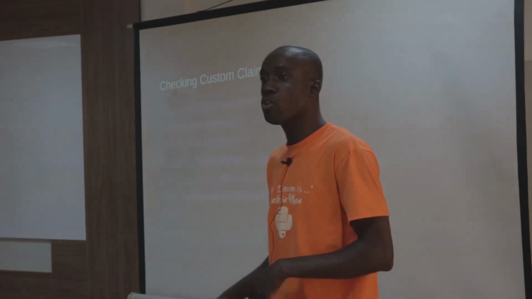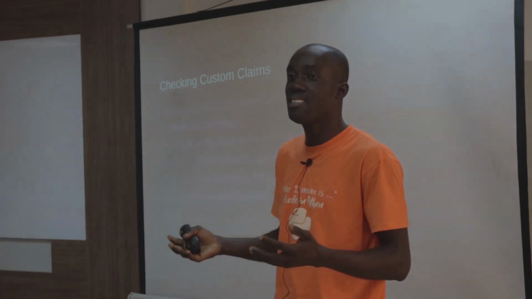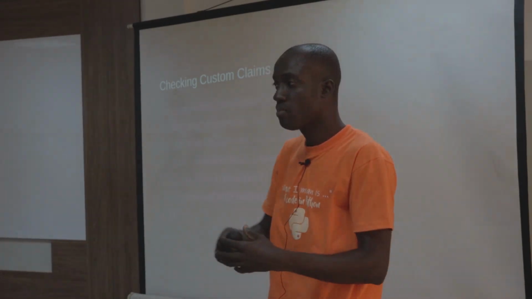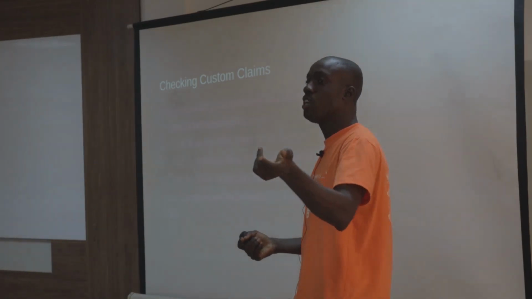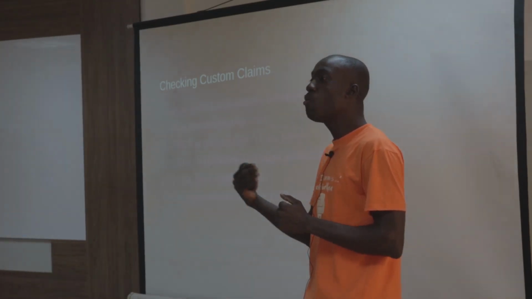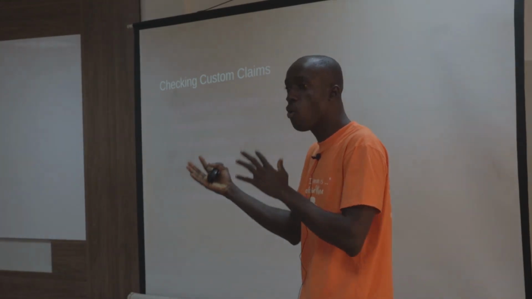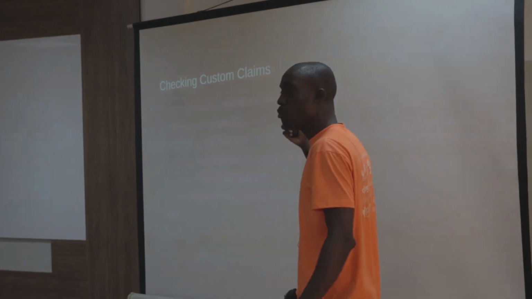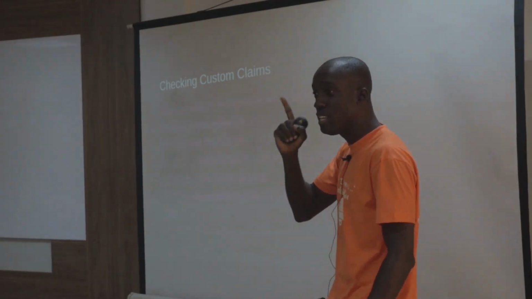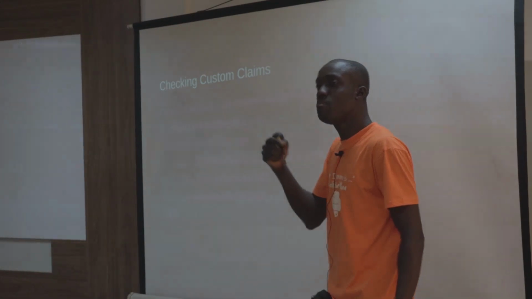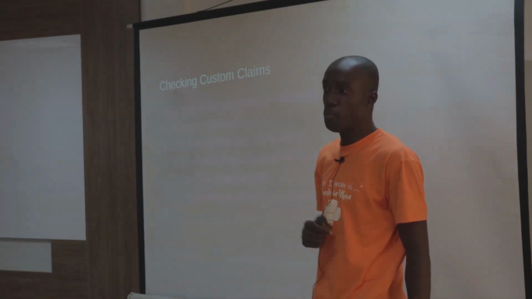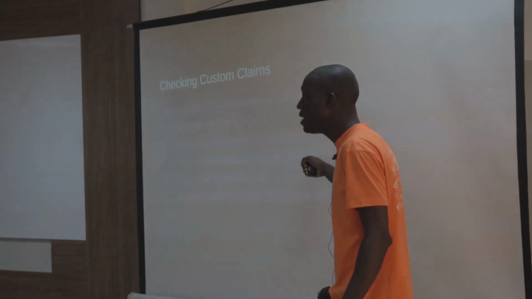The principal wants to add a class teacher or assign a class teacher to a class. You don't want a student to be able to do that. You only want that permission or that role to be handled by only the principal. The school owner should be able to do that. And so we want to first check to see if whoever is making that request is the principal. And that is what is happening here.